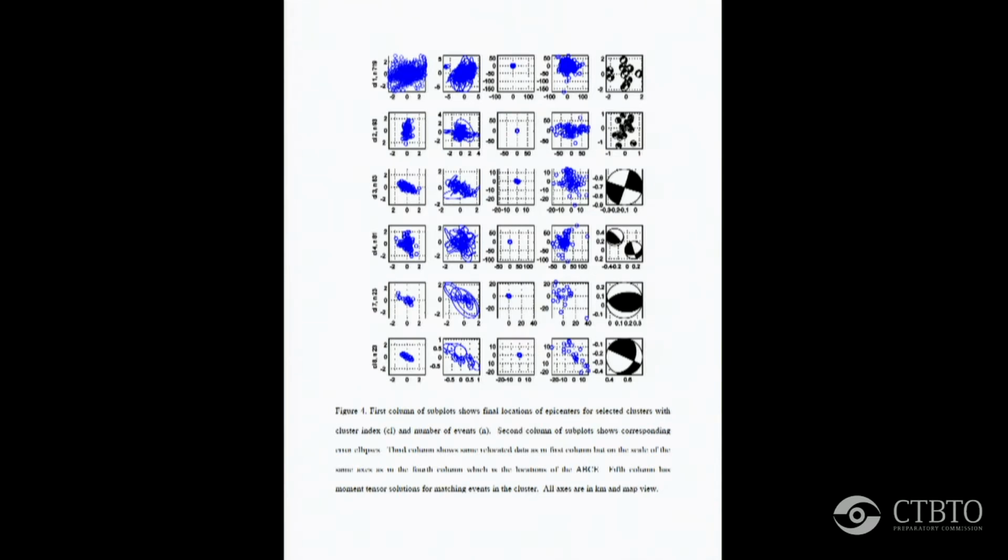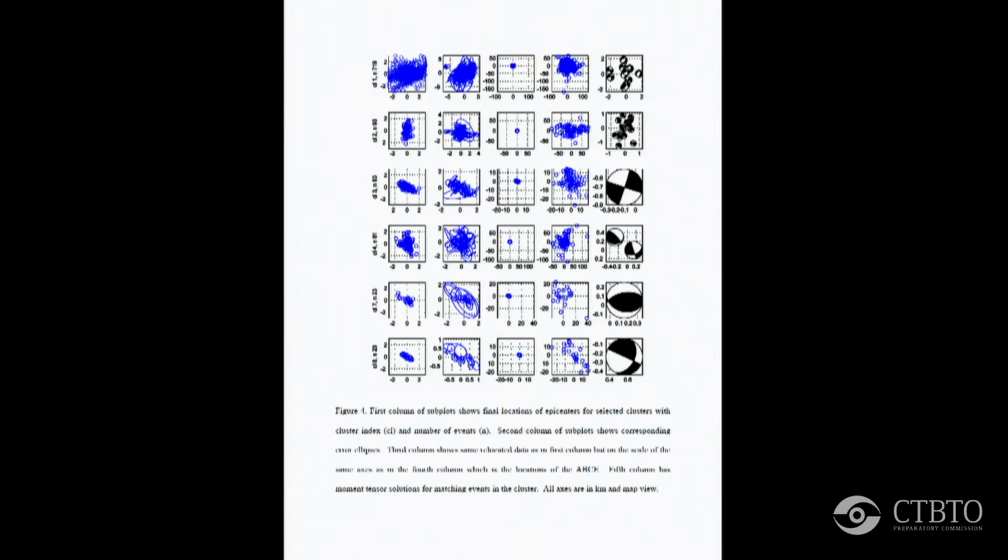In this column, if you have good eyesight, you can see that this is plus or minus 10 kilometers east-west and north-south as a map of the location of events in a traditional bulletin. Immediately adjacent is our relocation of this set of events into a tight cluster with the same spatial scale.